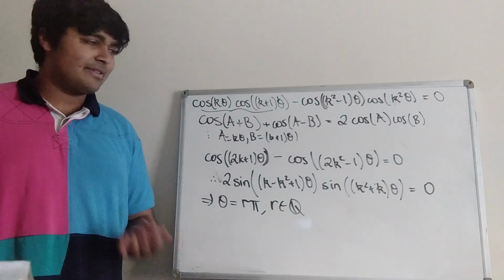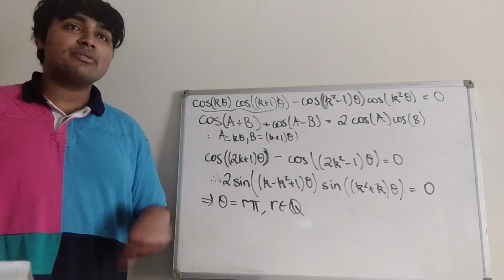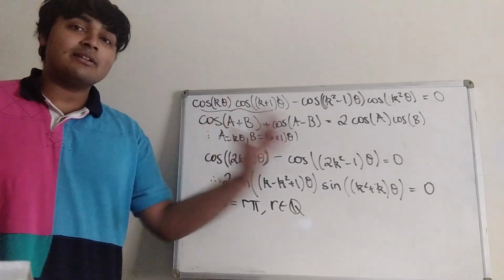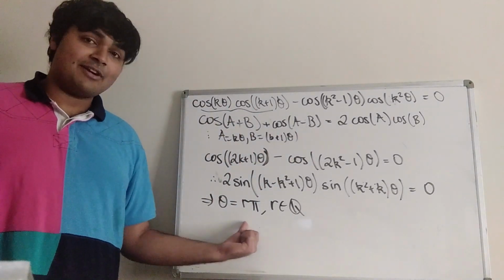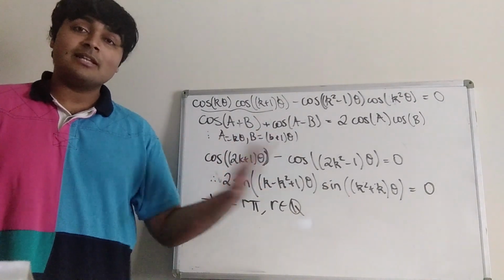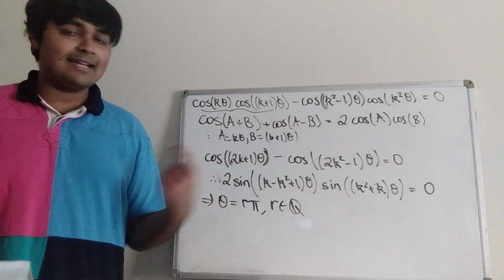Now remember, we have that cosine of k theta and cosine of (k plus 1) theta are both rational. Because theta is a rational multiple of pi, then so is k theta and (k plus 1) theta. But then we can apply lemma 2 to k theta and (k plus 1) theta.